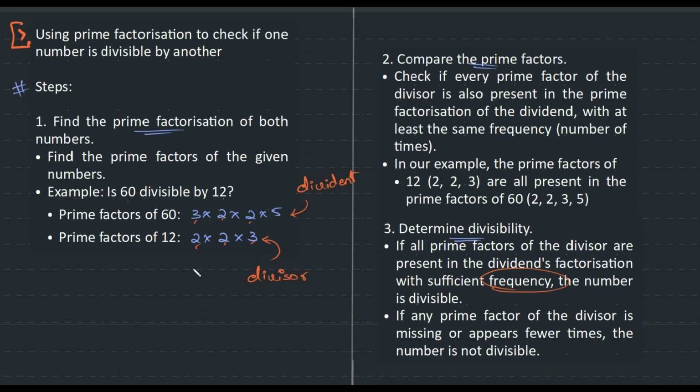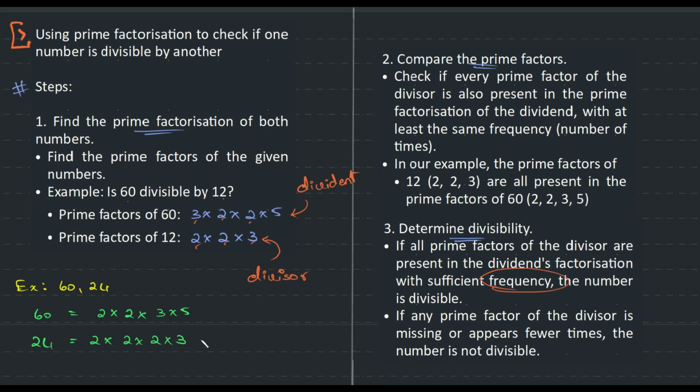Let me explain the third part. So let us take up another example, 60 and 24. So 60 again is written as 2 into 2 into 3 into 5, while 24 will have an extra 2 along with 12.